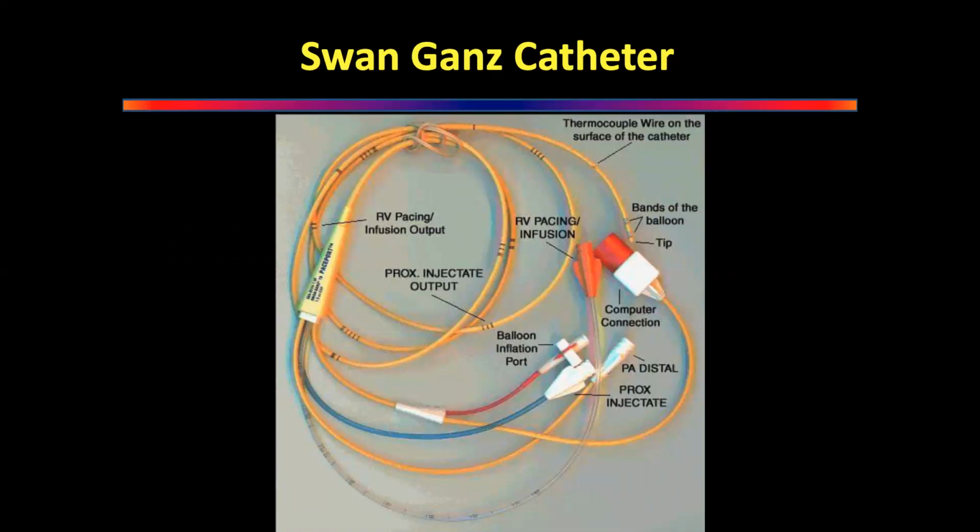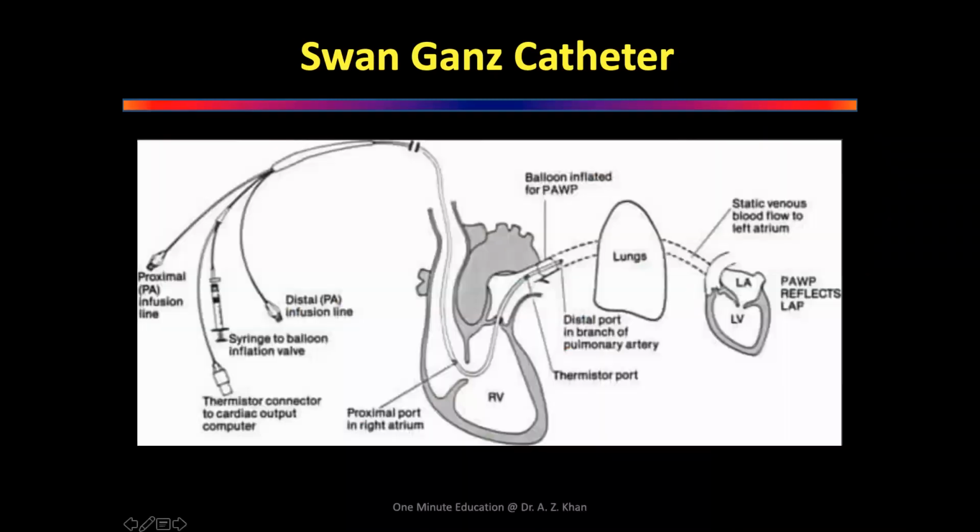Now let's look at how the balloon Swan Ganz catheter goes. This is what's happening. You're coming through the central line, and you're passing the Swan Ganz down the SVC into the right atrium.